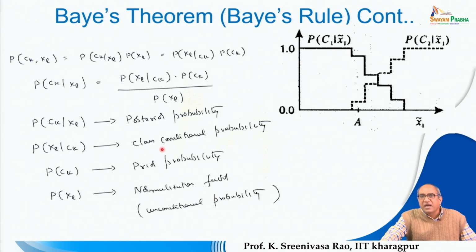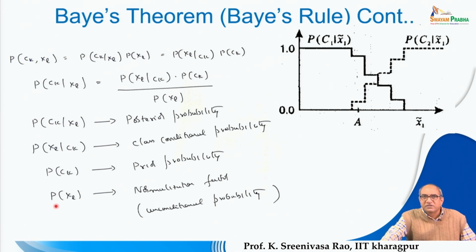This is also known as the probability density of X for a given class. The probability of Ck is the prior probability, and the probability of XL is the probability of a particular feature vector without any condition, known as the unconditional probability.